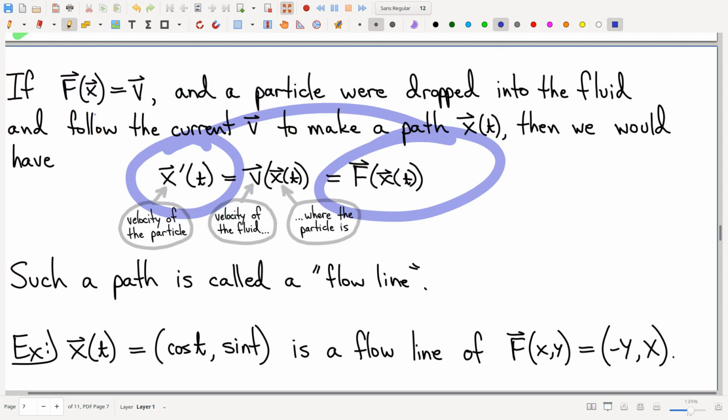It's a system because the velocity is vector valued. There are several coordinates there. The vector field is vector valued. There's several coordinates here. So each one of these, what we call systems of differential equations, is actually literally a bunch of individual coordinate differential equations that are all linked together.